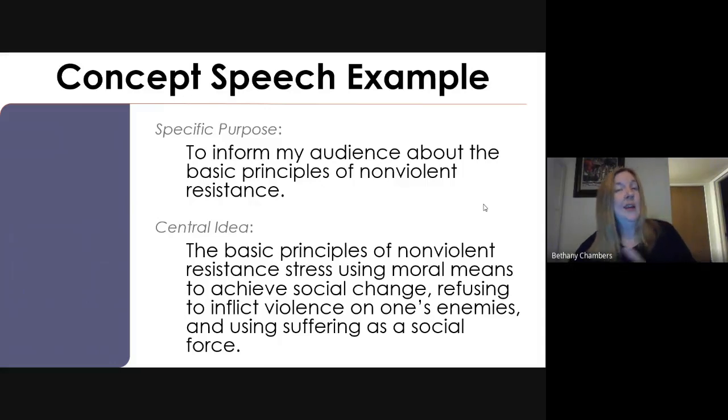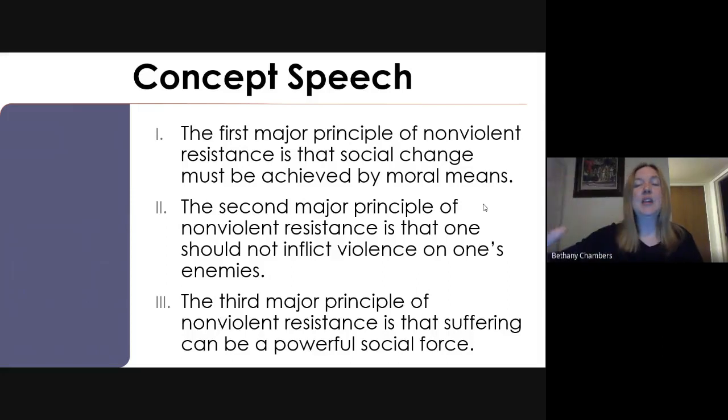And so again, like the other two, we can see we've already plugged our main points into that central idea. And so then we see these main points connecting back to that central idea. The first major principle of nonviolent resistance is that social change must be achieved by moral means.